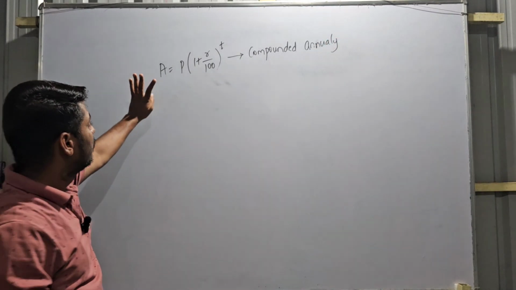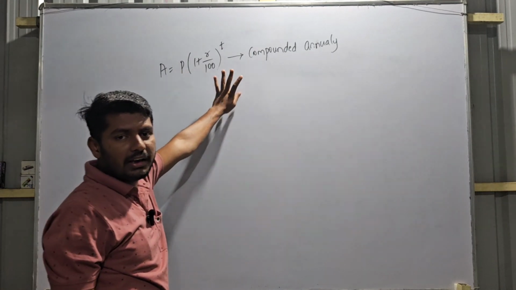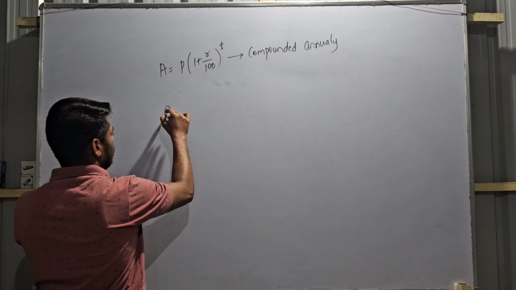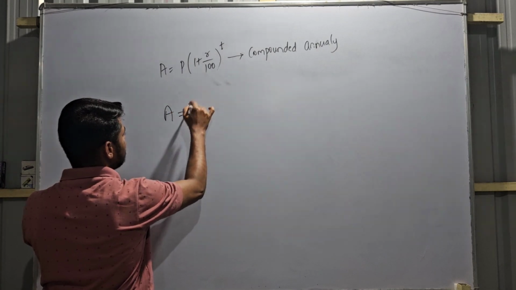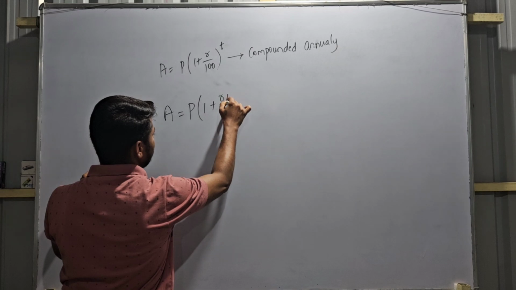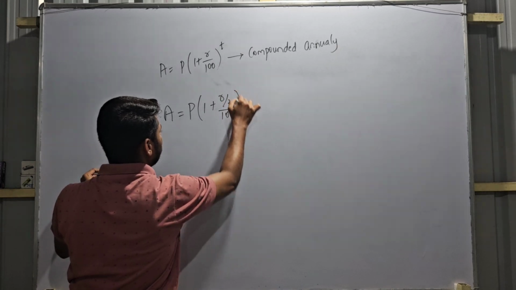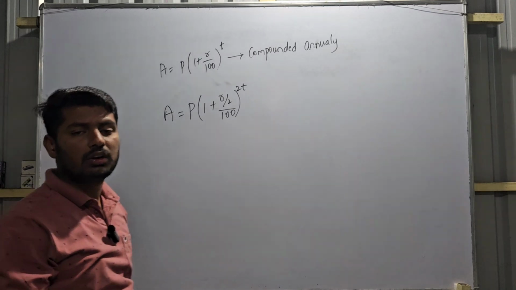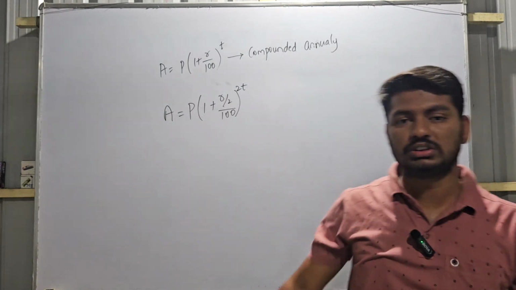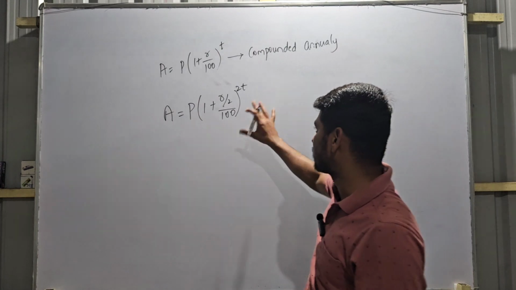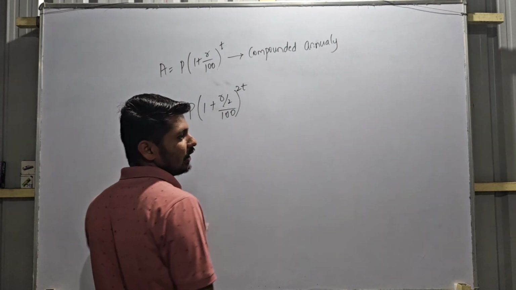But compounded half yearly and compounded quarterly, I have different formulas. So those are amount is equals to principal into 1 plus rate of interest divided by 2 into 100, power 2t. So this is the formula to calculate the compound interest that is given half yearly.